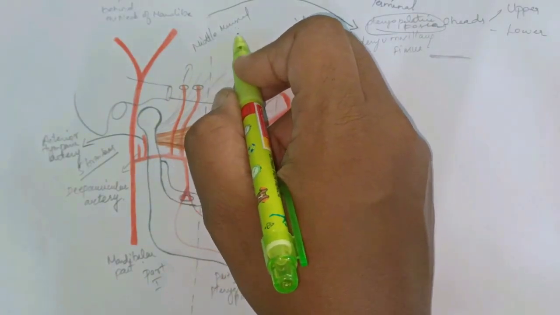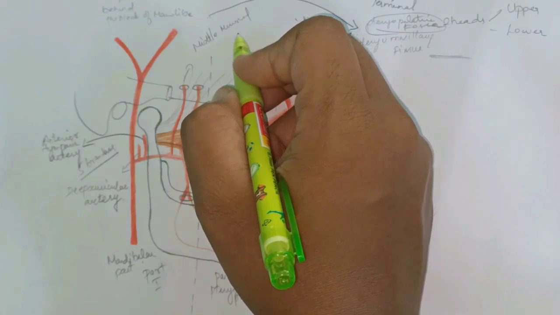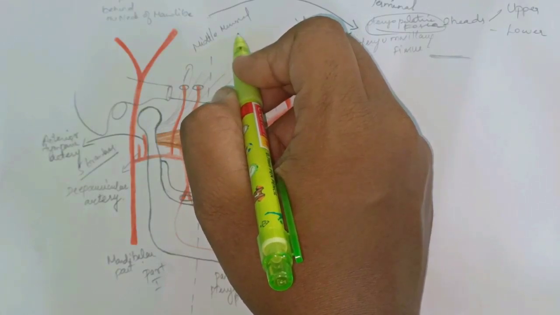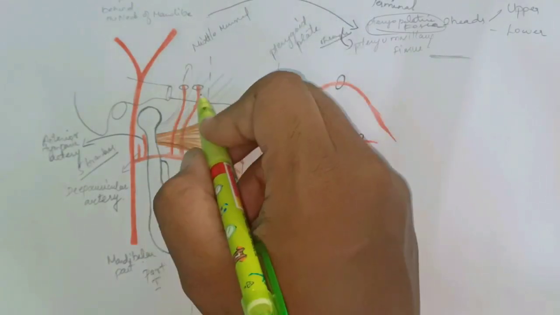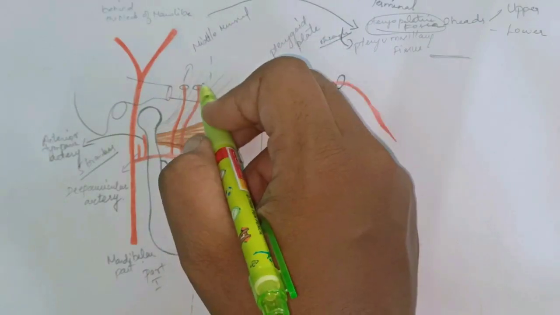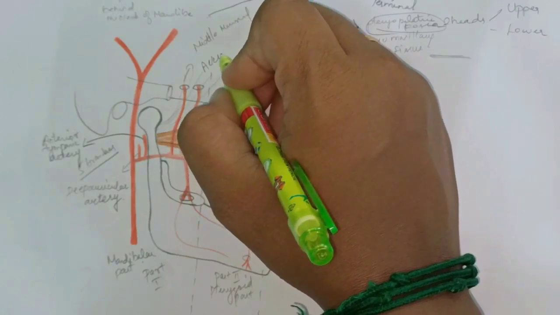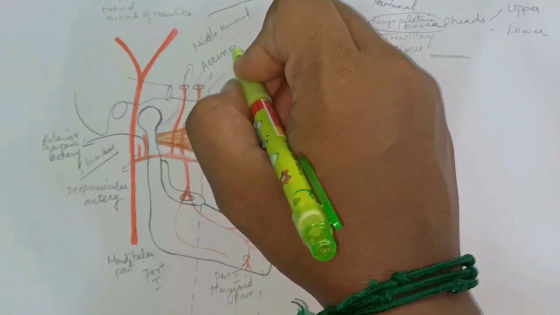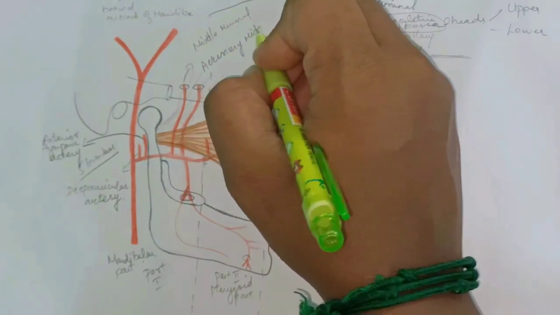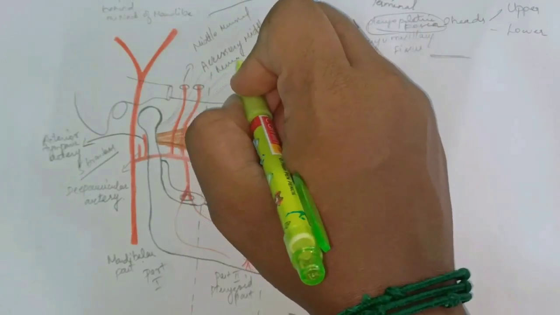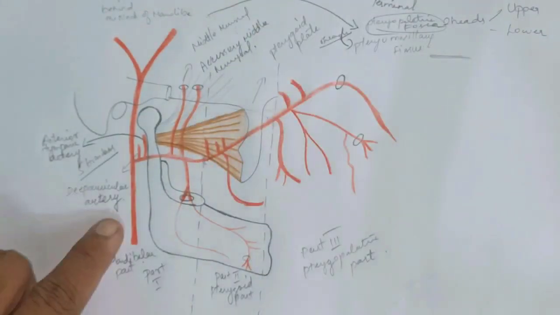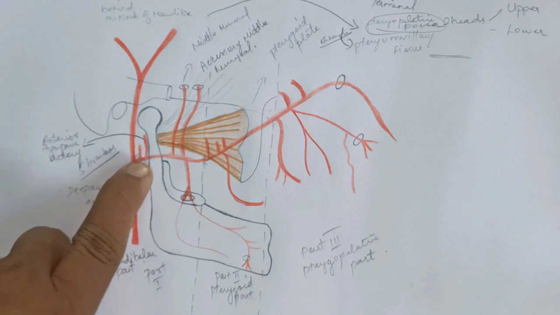The artery arising parallel to the middle meningeal artery is the accessory middle meningeal artery. See, this is your middle meningeal artery and this is your accessory middle meningeal artery. The middle meningeal artery itself gets divided into 2 branches, frontal and parietal, that is anterior and posterior branches. I'll explain in the next class.